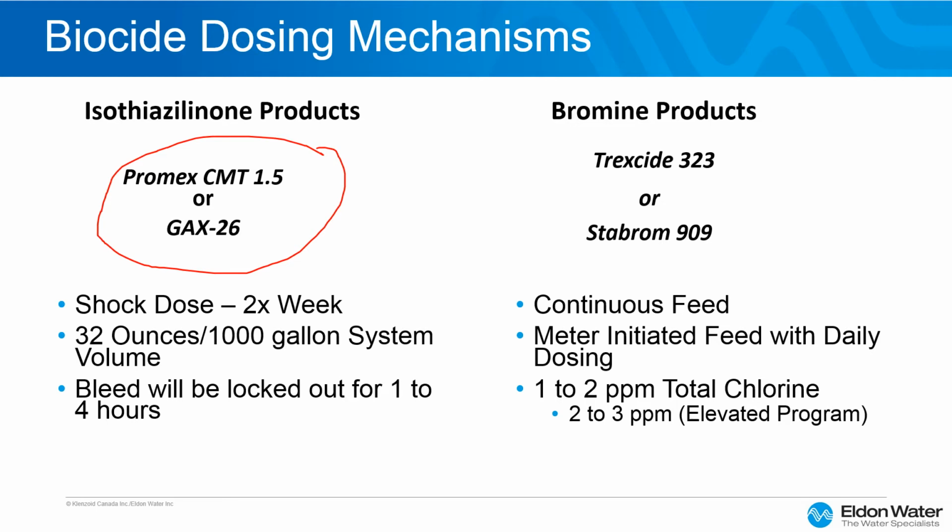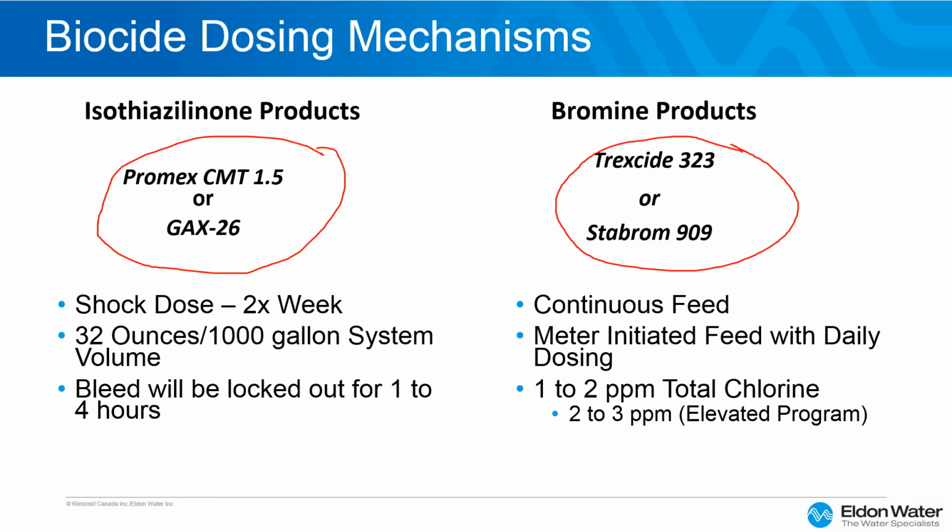The bromine, your Trekside 323 or Sta-Brom 909, is continuous feed. It's going to be meter initiated feed and then a daily dosing. That daily dose is every morning, 5 to 15 minutes, depending on the size of your tower. Larger towers need longer time. It'll be dosing automatically.